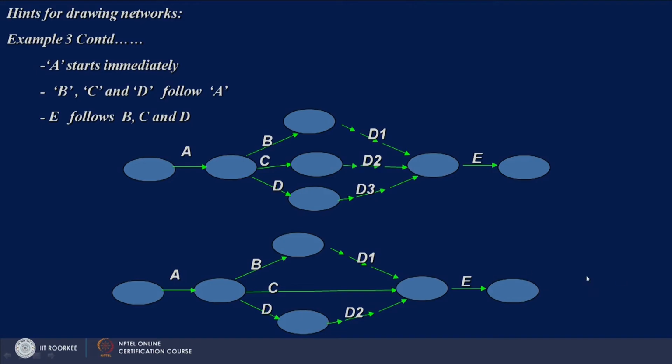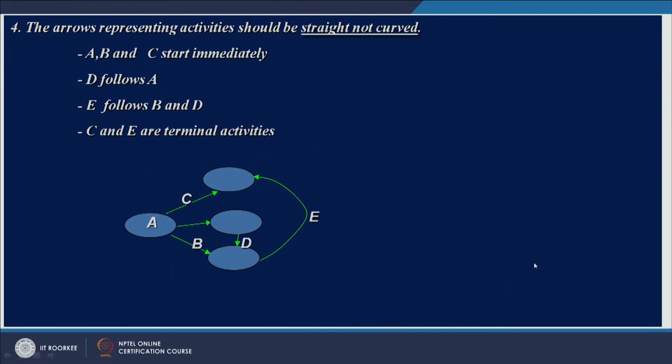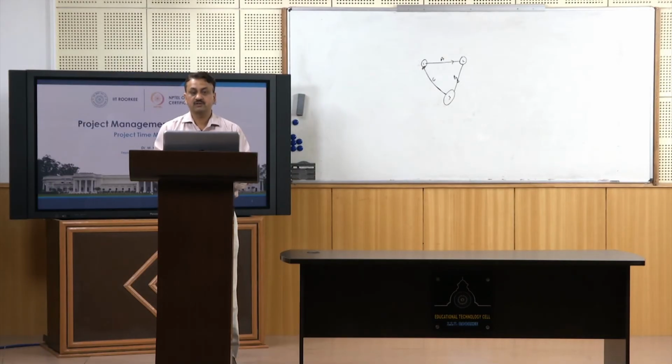Let us look at some more examples. The fourth point is that the arrows representing activities should be straight, not curved. Try to use straight arrows whenever you draw any network.